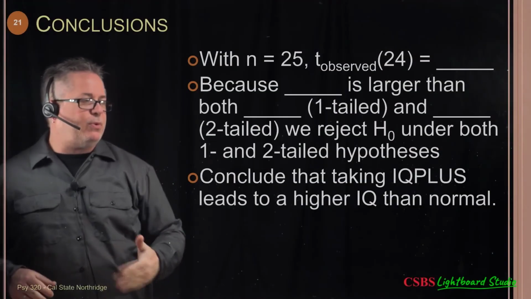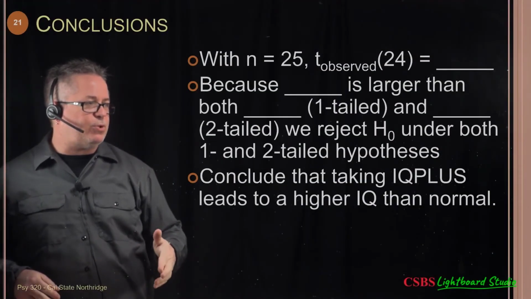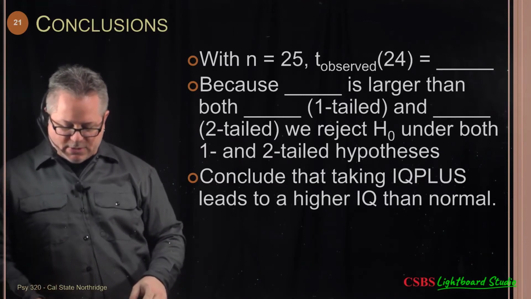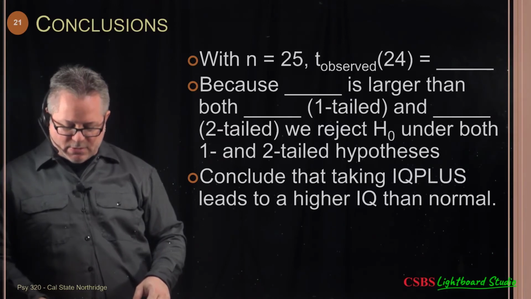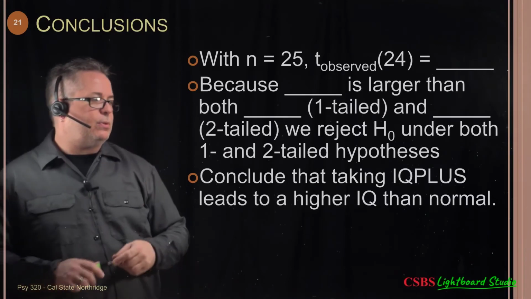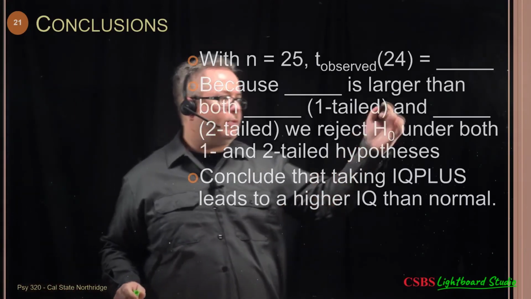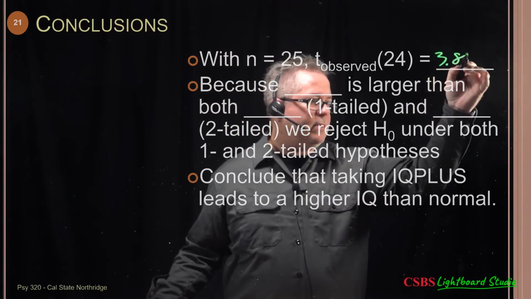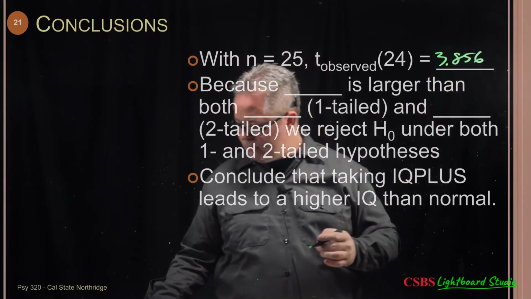So with n equals 25, our t observed with 24 degrees of freedom was 3.856.